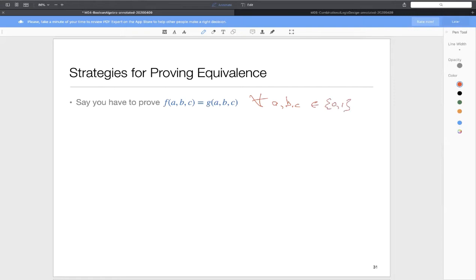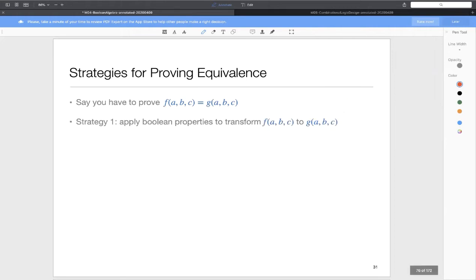Strategy one is you take the Boolean properties that we know, the axioms as well as any property that exists on that page, and apply them to systematically transform f to g or vice versa. Oftentimes this doesn't really work because f and g may be complicated expressions, and it's very hard to come up with this transformation. Strategy two is the reverse, same issue.